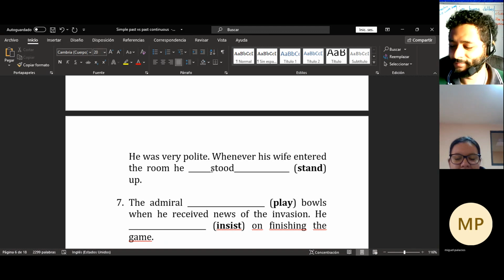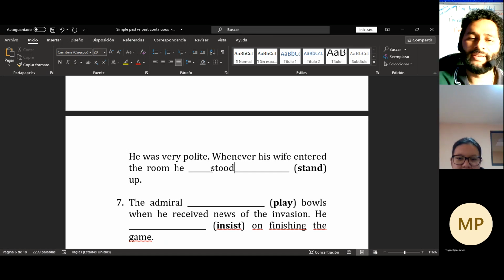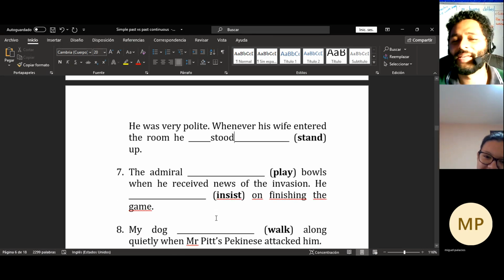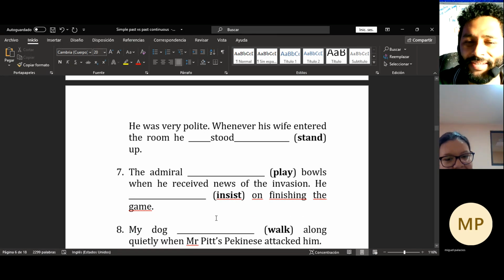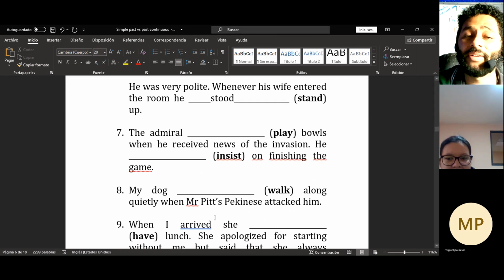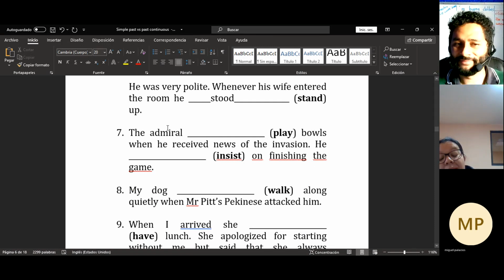Polite. Cada vez que su esposa entraba a un cuarto, él se paraba. De pie. Él se ponía de pie, ¿no? Se paraba. He stood up. The admiral means el almirante. Admiral.